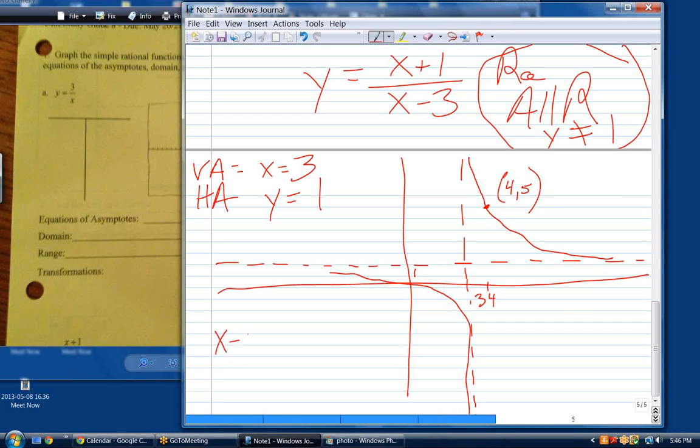Right offhand from our graph, it looks like a horizontal shift to the right of 3 and a vertical stretch of 1. But I can't really tell that from looking at this equation. So let's divide it and see what we get.